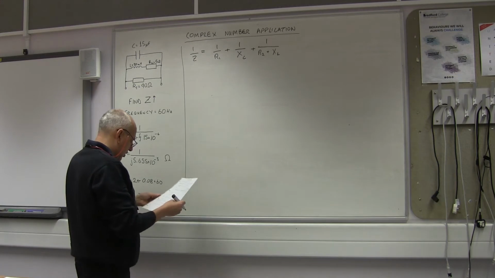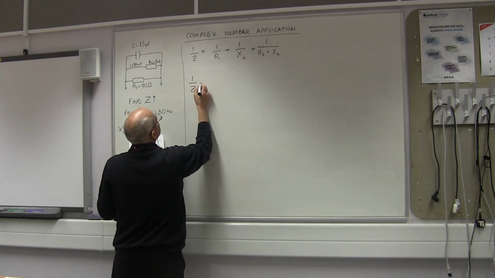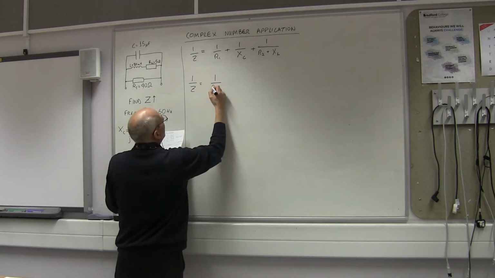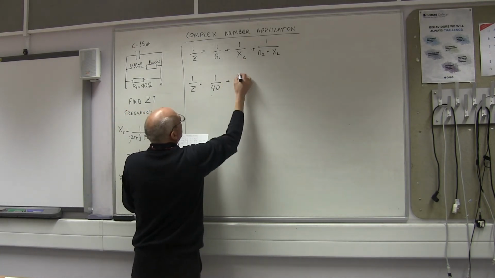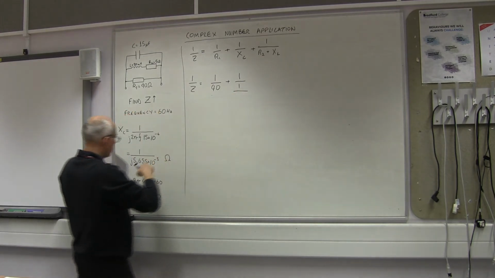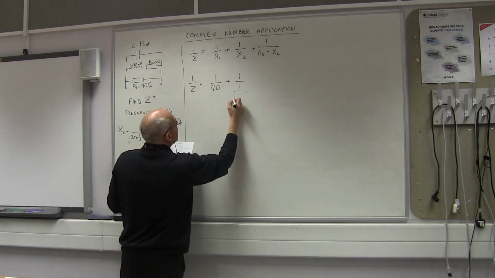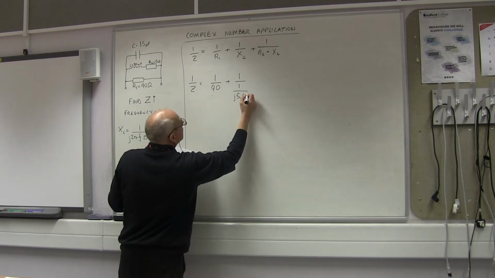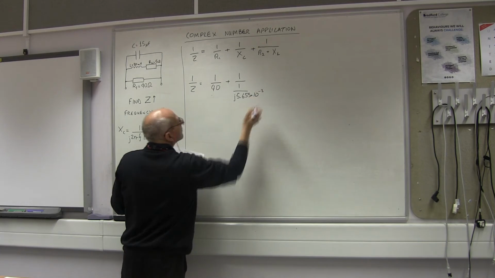So what I've got is 1 over Z equals, this is purely a number, 1 over 90, plus, because my XC is 1 over, this is showing why I kept it inverted, 1 over J 5.655 times 10 to the minus 3.